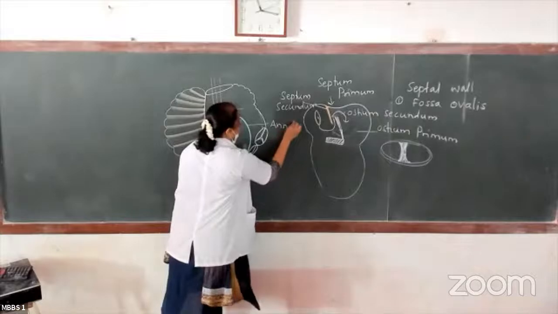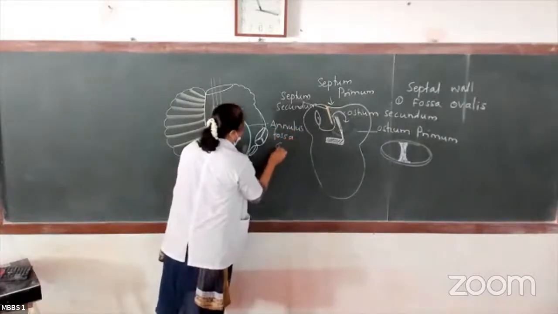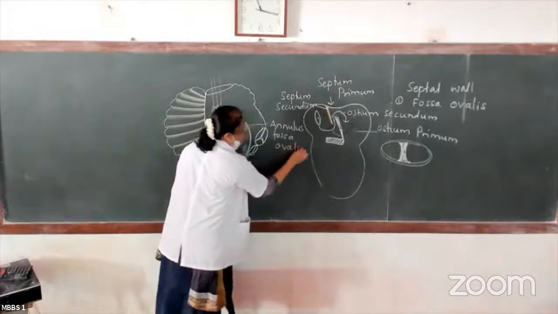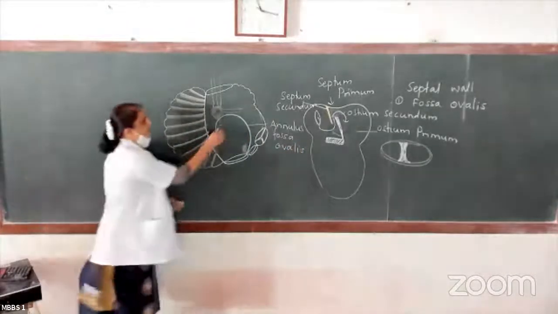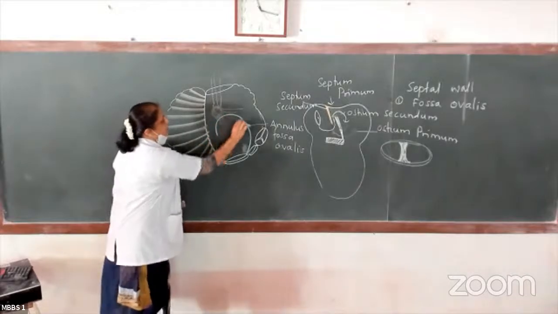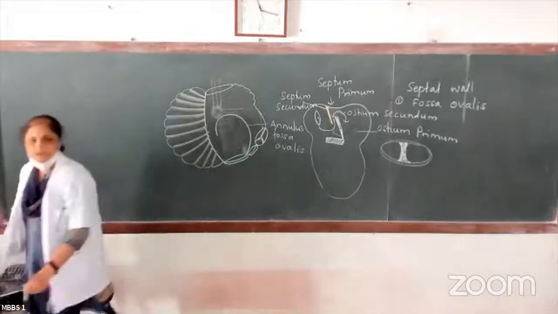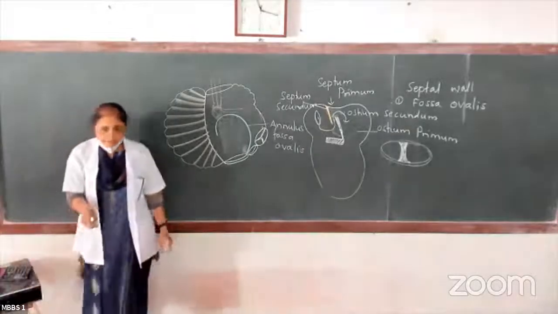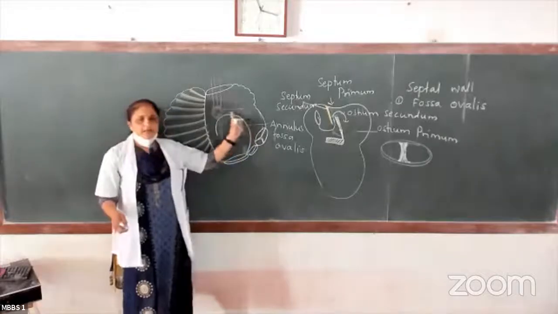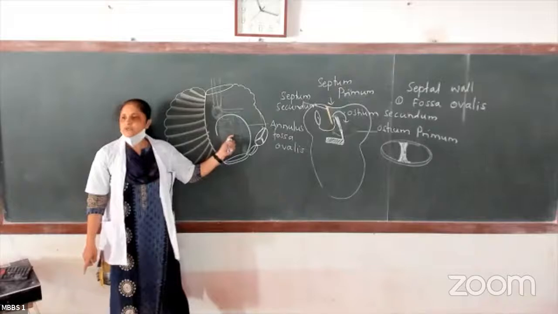The depressed area we have seen, which is a remnant of septum primum lying behind the semilunar margin, is called the fossa ovalis. So the first thing we have seen in the septal wall is the depressed oval area, which is surrounded by the elevated, semicircular margin. This depressed area is called the fossa ovalis.